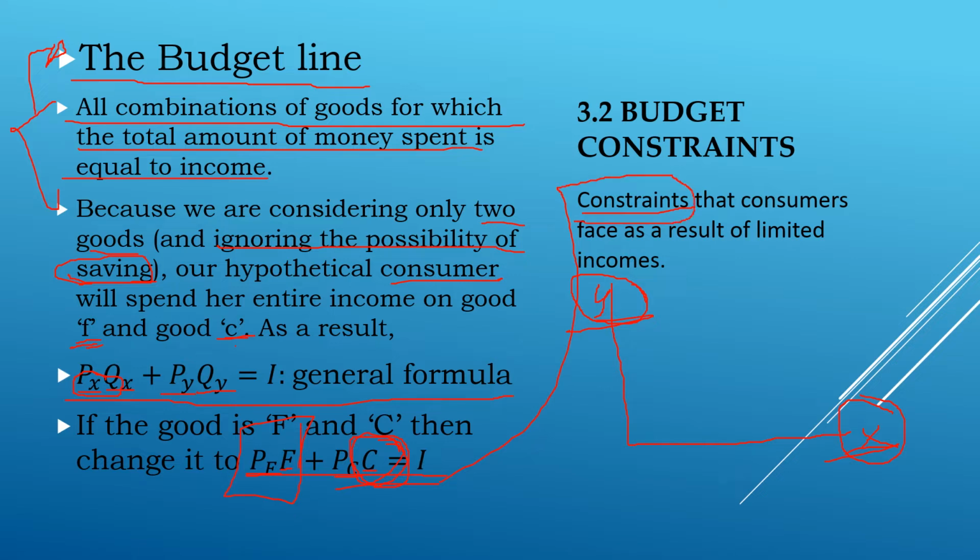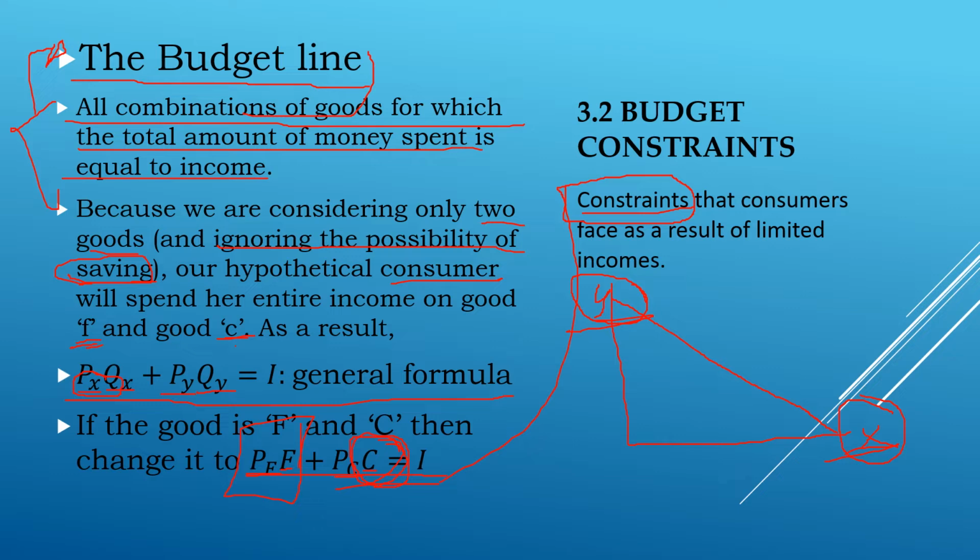There is always a constraint, in the sense that there is always a limitation in the way we spend our money, since we do not have a lot but only have this limit. And that is explained by the budget line.